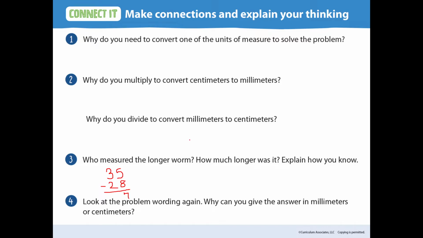Number 4. Look at the problem wording again. Why can you give the answer in millimeters or in centimeters? The problem asks which worm is longer and how much longer. It doesn't ask how many millimeters or centimeters longer the longer worm is. So we can use either unit.